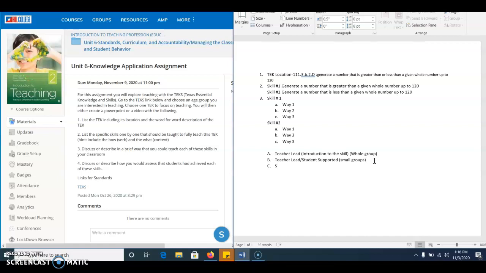Then the third way would be student-led, and teacher-supported.